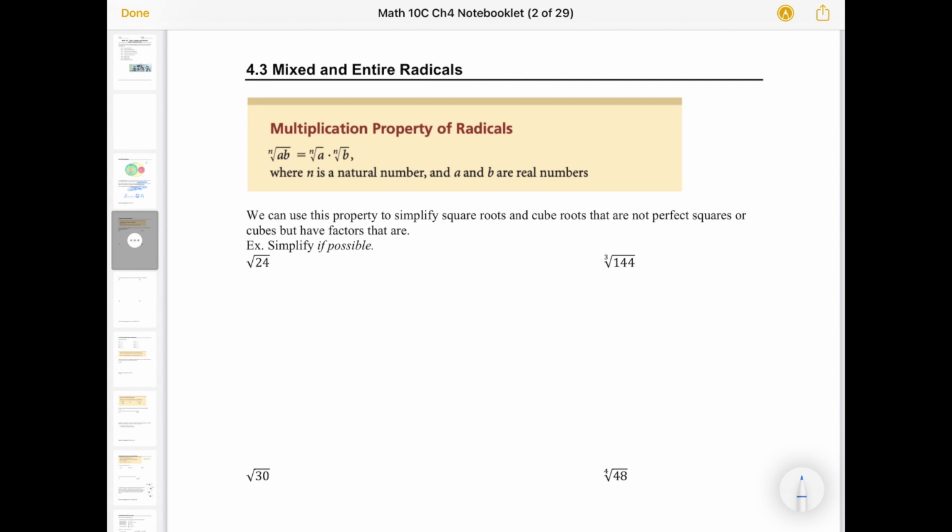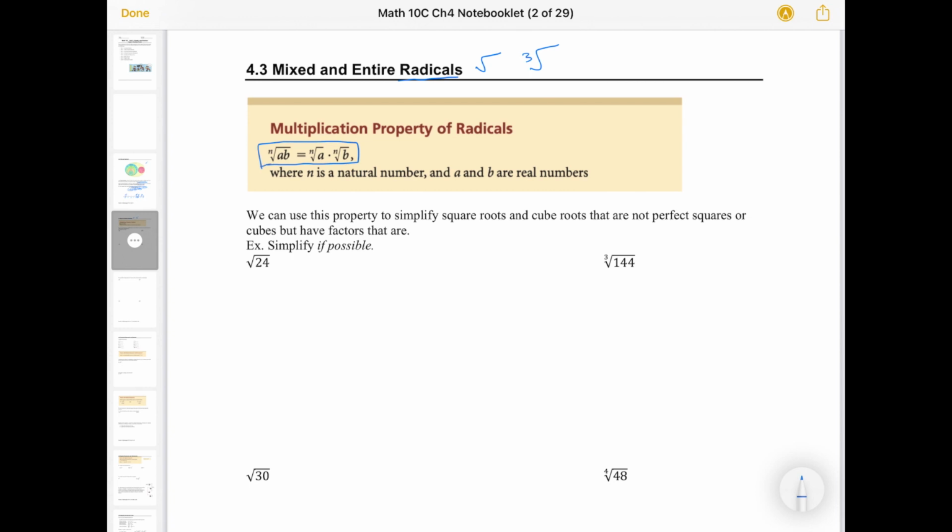And talk about mixed and entire radicals. A radical is something like a square root. It could also be a cubed root though. It could be any kind of root. And just like an exponent has a multiplication rule, there is also a multiplication rule for radicals.